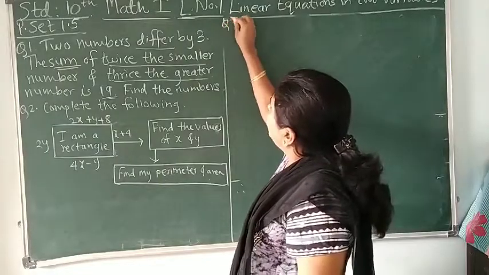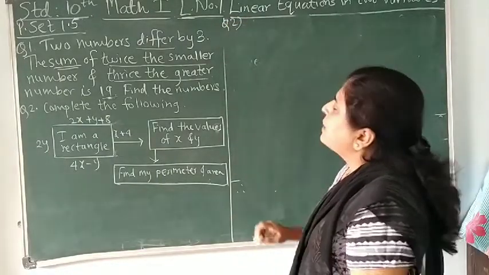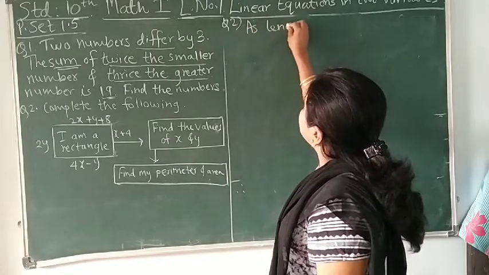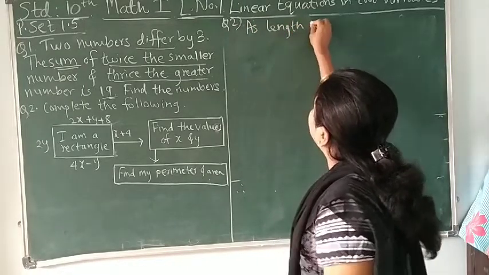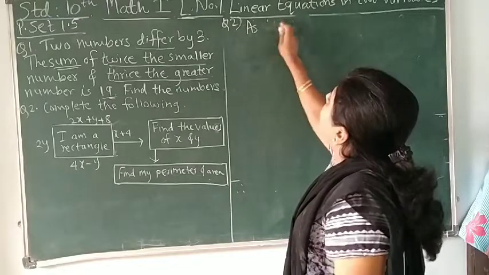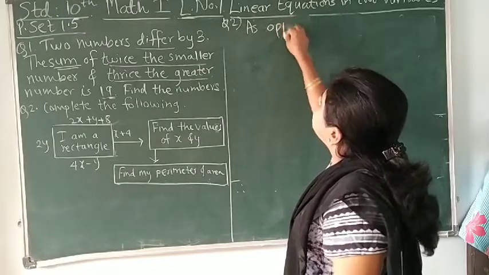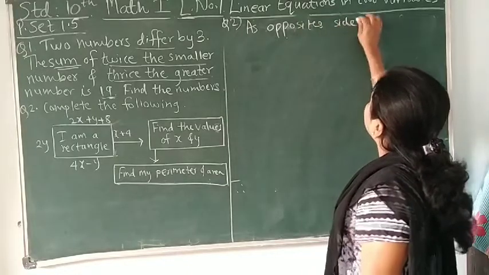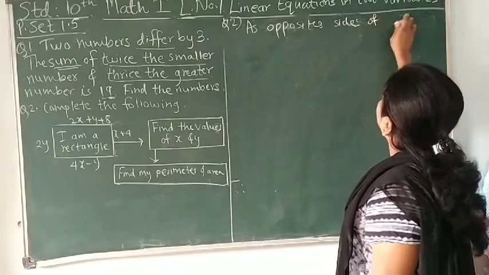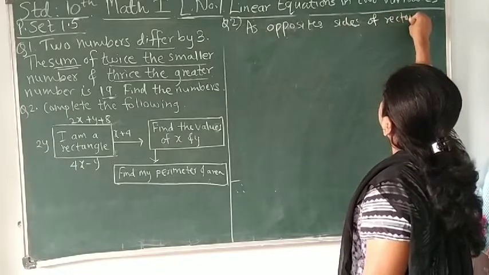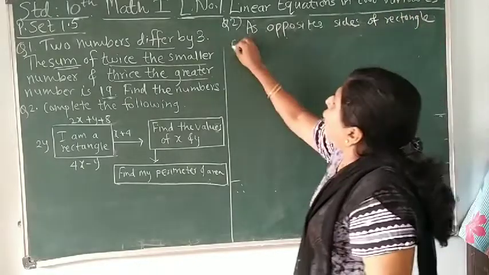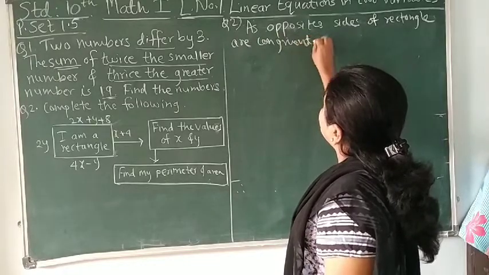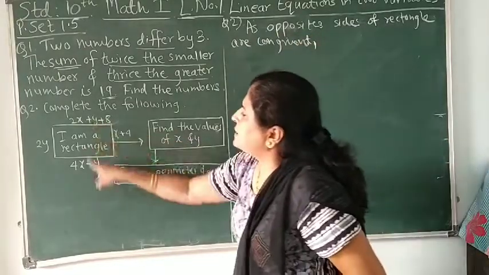So let's see how to write this. Question number 2 and its answer. Okay. Now we know that the opposite sides of a rectangle are congruent.